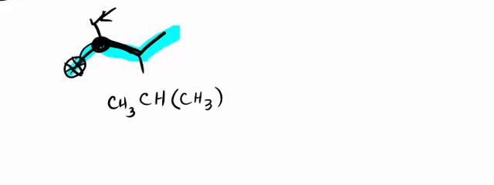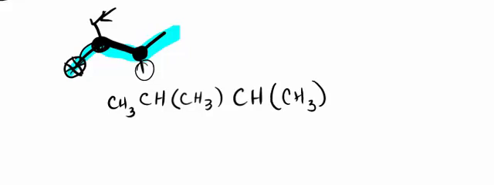Now I'm going to keep walking down that parent chain and come to this carbon, which is also a CH. I know there's only one H because there are 3 bonds showing. Now he also has a substituent, so substituents go in parentheses, and then again on my parent chain. Now because that parent chain is terminal with a CH3, I can put this 2 here.